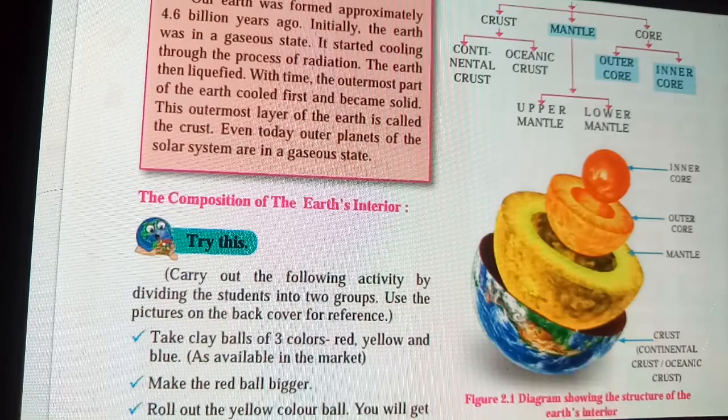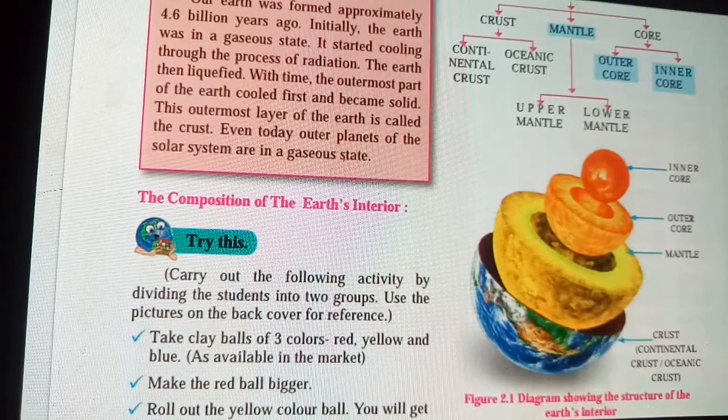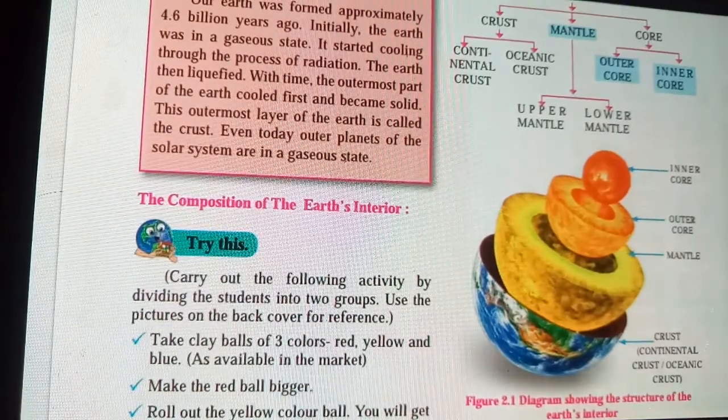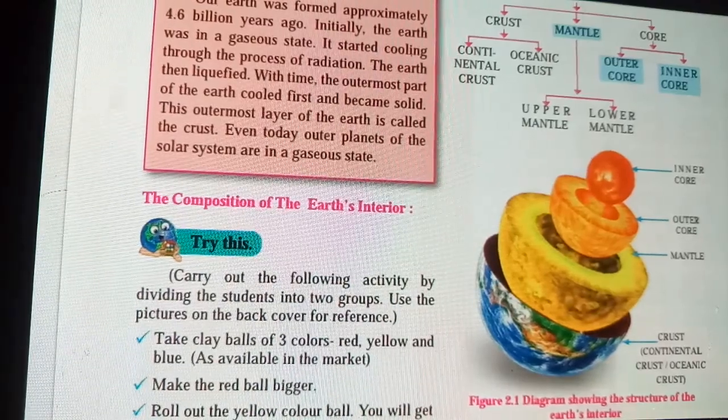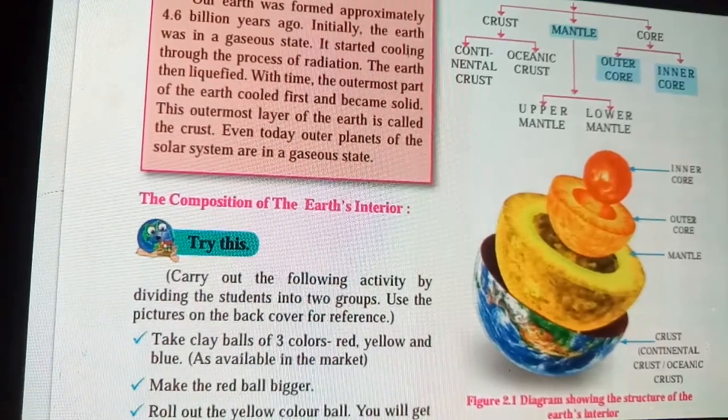But when you go to the oceanic crust, you will find that the land is below the water. So oceanic crust lies below water, and continental crust means different landforms. The arrow has been shown to you in the diagram.